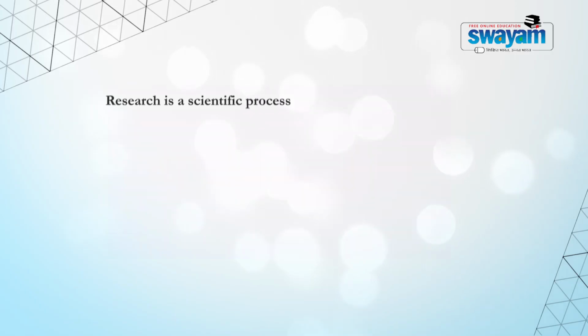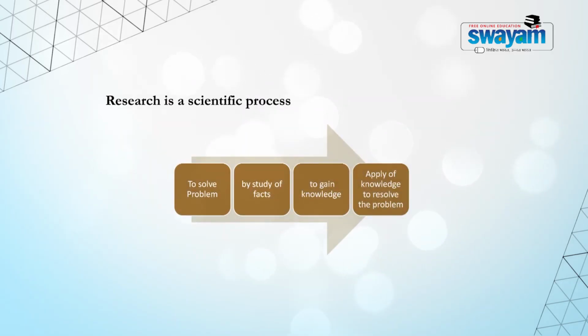That process starts from selection of research problem. After selecting any research problem, researcher moves to solve that problem. His movement for solving the problem comes with his second step, that is the study of facts.